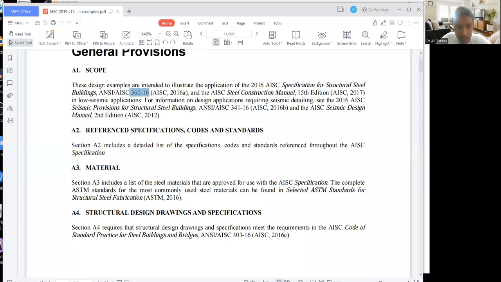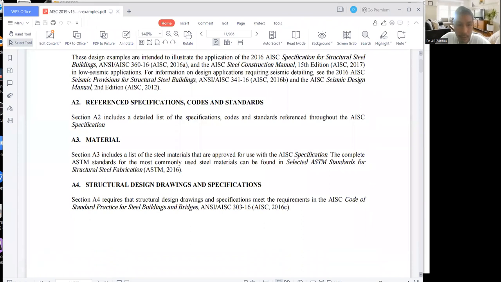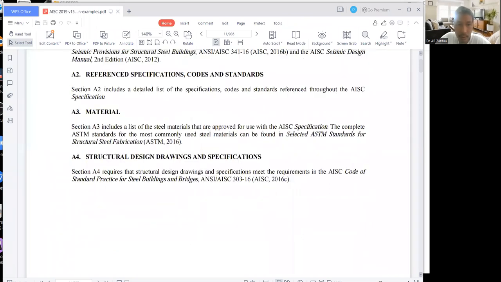So reference codes in standards. AISC, material. Okay, so there are a lot of references about codes, standards, specifications, materials, structural design drawings, and specification.